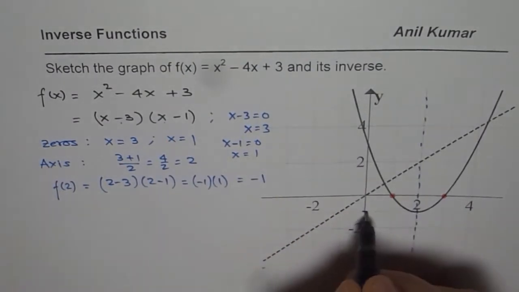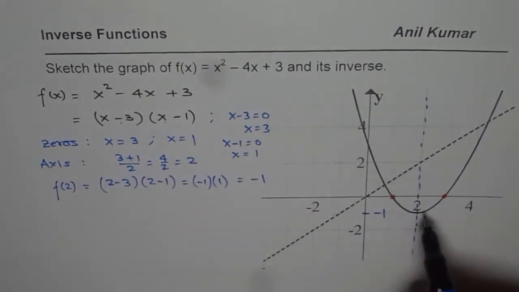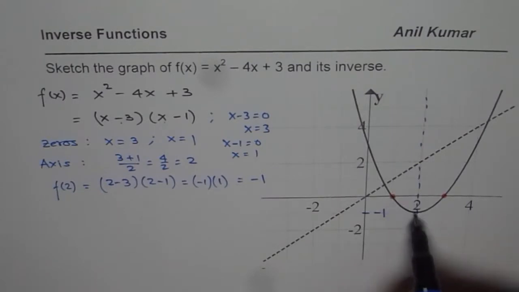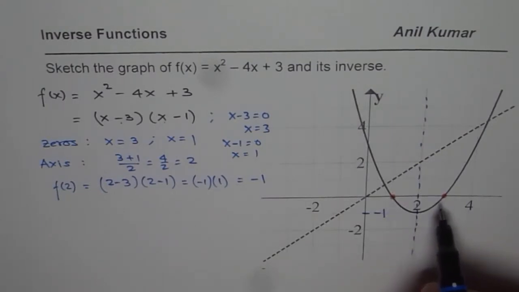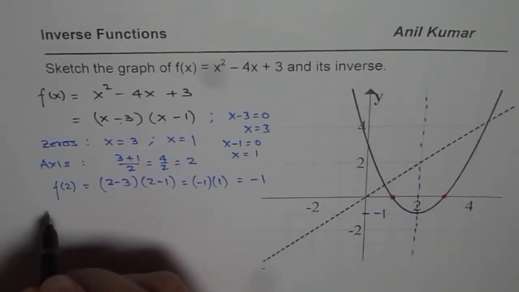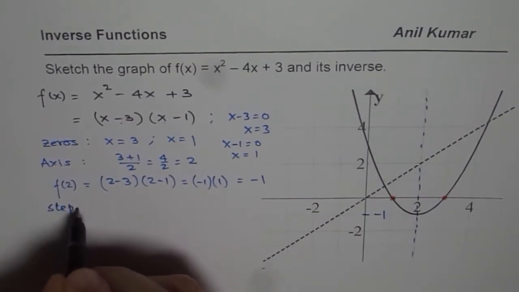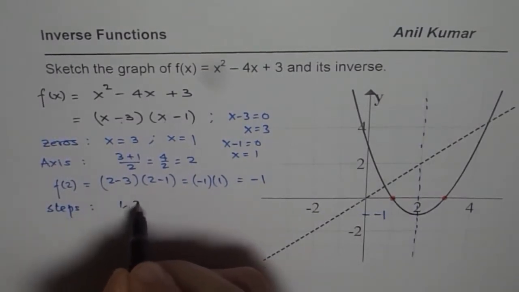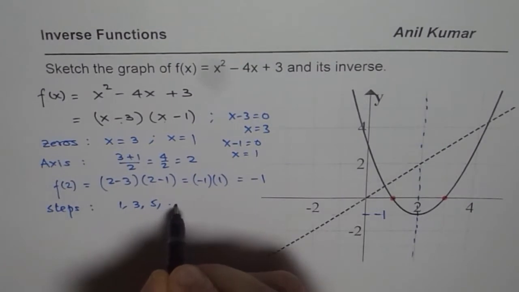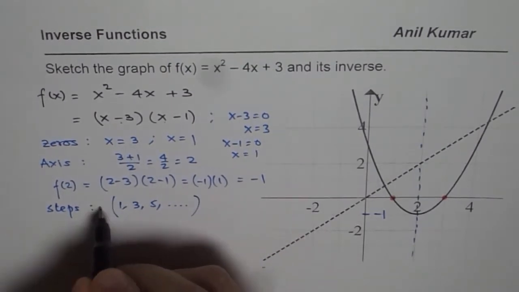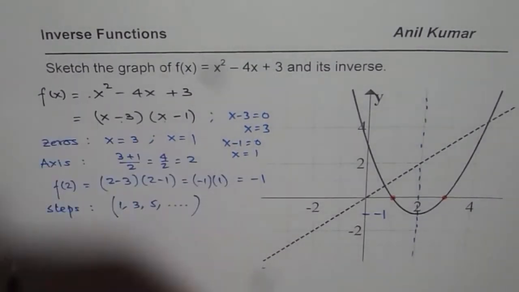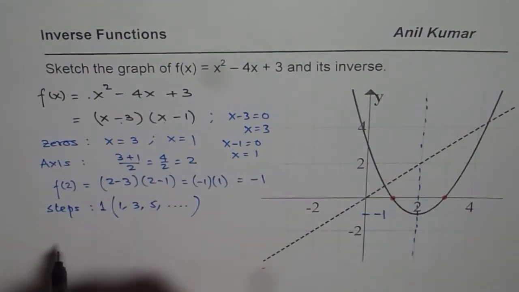Once you get the vertex and these two points, it's easier to sketch the rest of the graph. You can also follow the steps. If you remember, the steps are 1, 3, 5, 7 and so on, multiplied by a. Here the leading coefficient is 1, so it's multiplied by 1 itself.